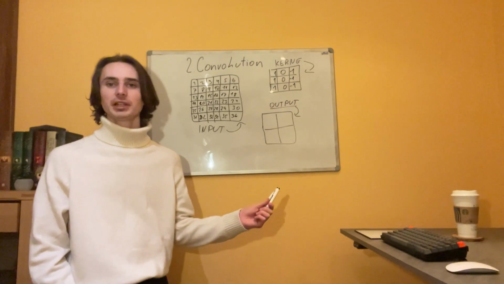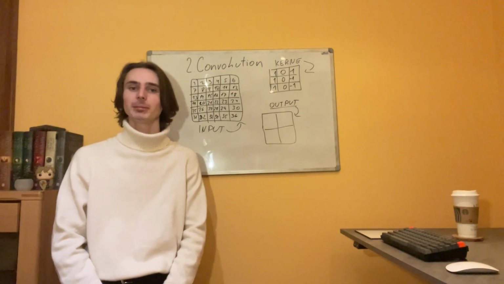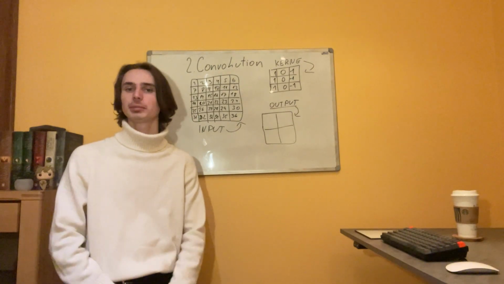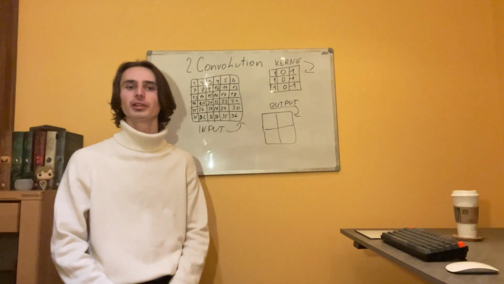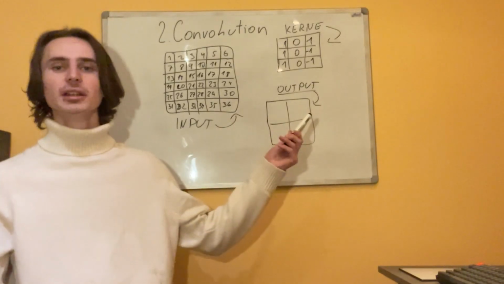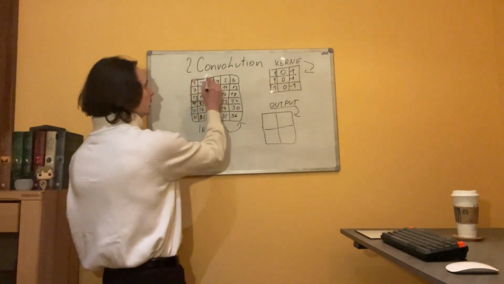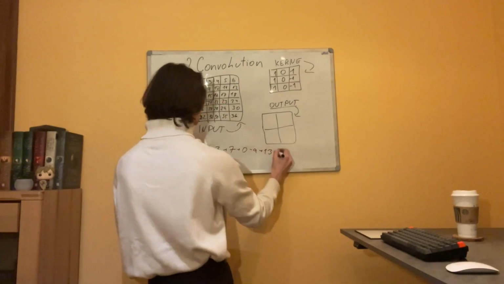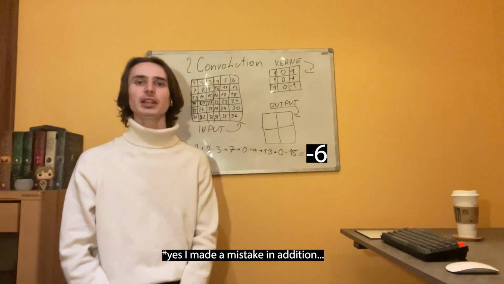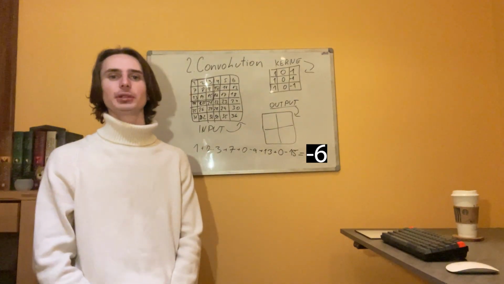We have a 3x3 kernel, so we look at the first window of 3x3 pixels on our image. We multiply the pixel in position 0, 0 with the value in the position 0, 0 in the kernel, and then we move on to 1, 0, 1, 0, 2, and so on. After we finish with the whole 3x3 window or grid, we are left with 9 values.